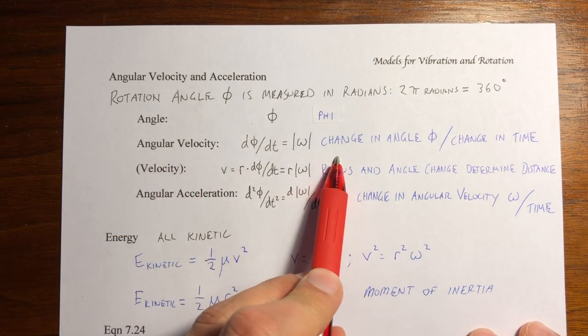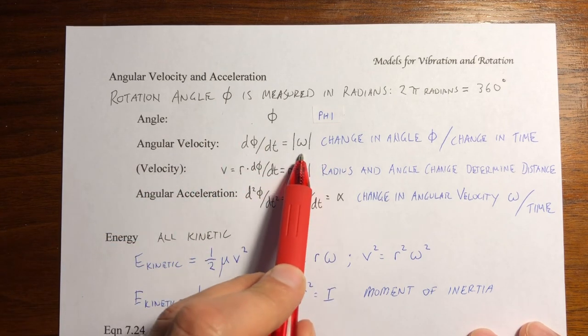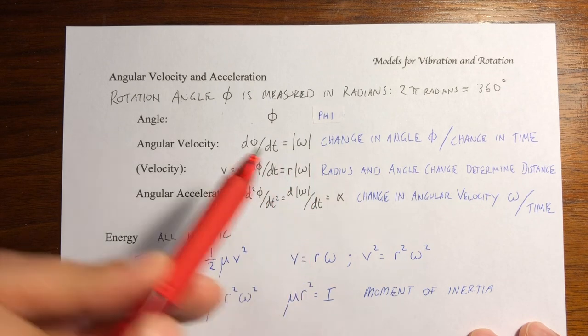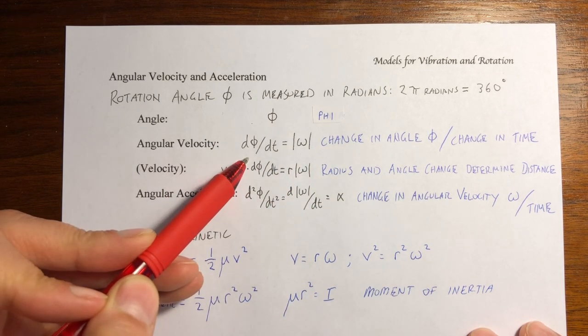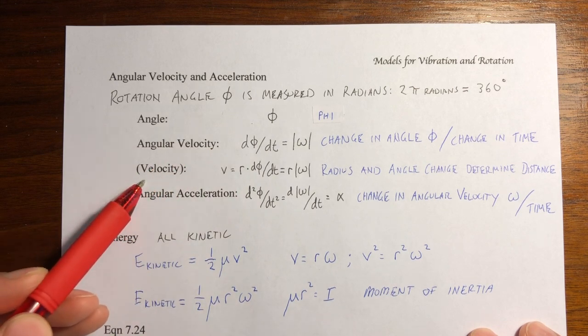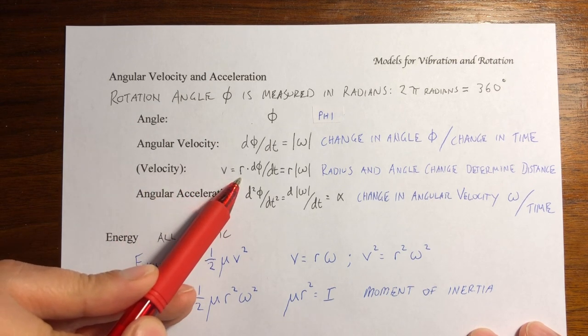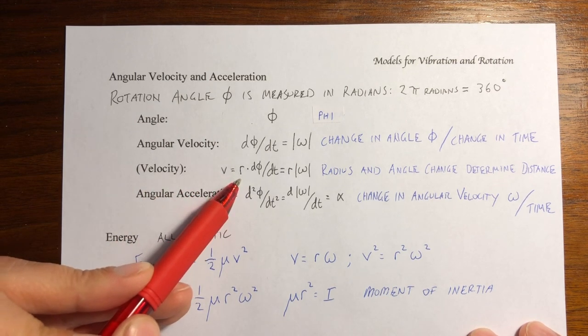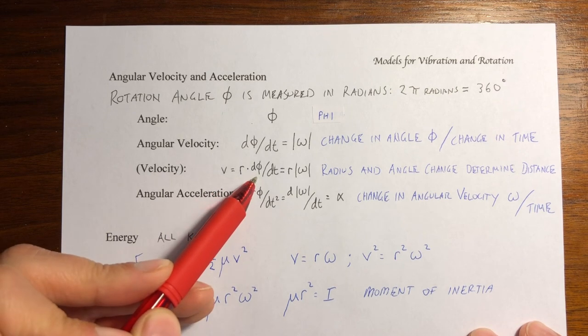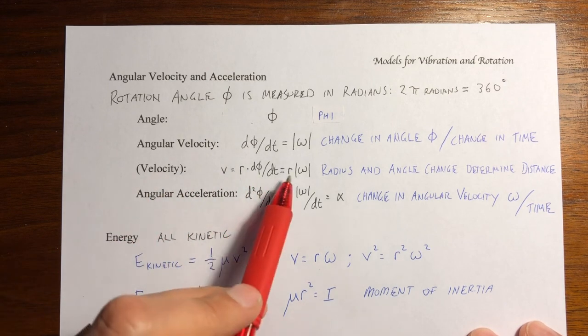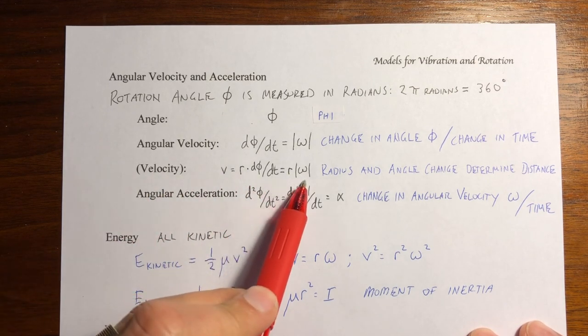So change in angle phi divided by change in time is equal to the absolute value of omega, which is equal to d phi over dt. Now velocity, which is a change in absolute position over time, v, is going to be equal to r times that value. So r times d phi over dt is equal to r times omega.